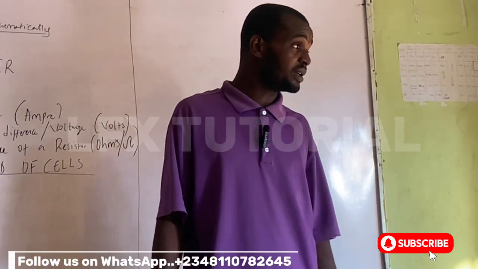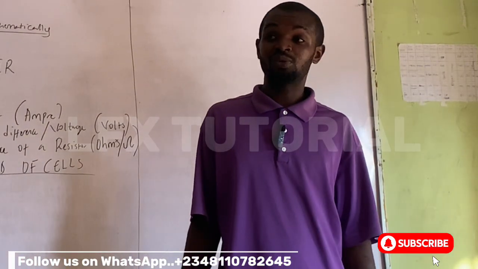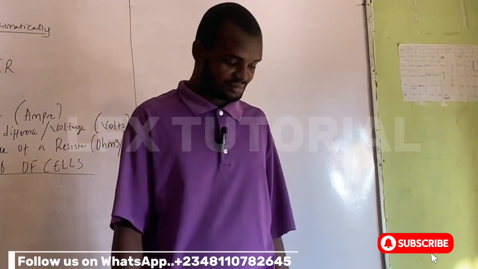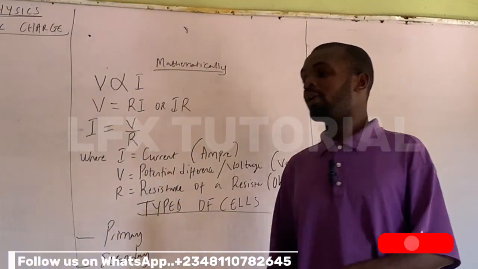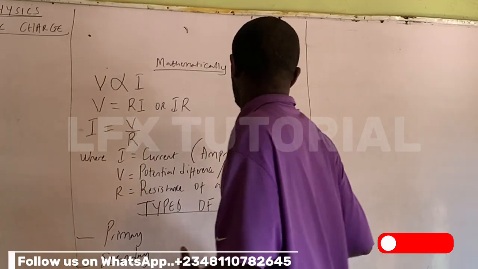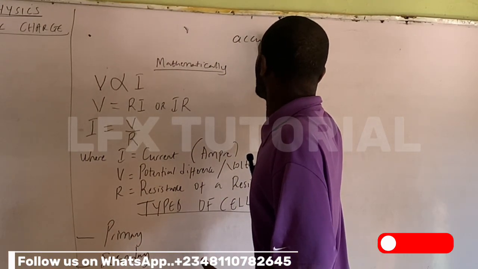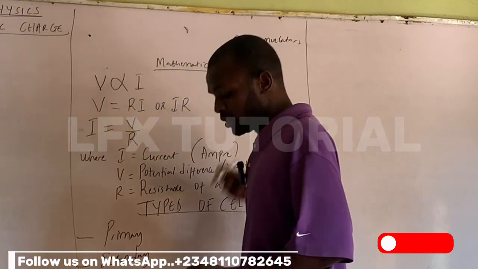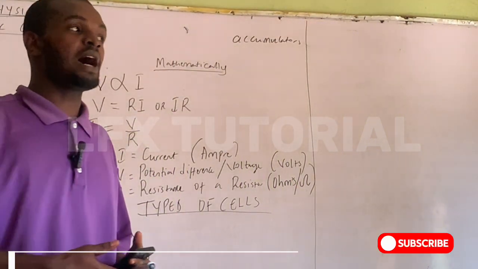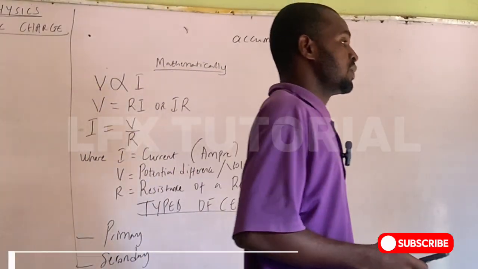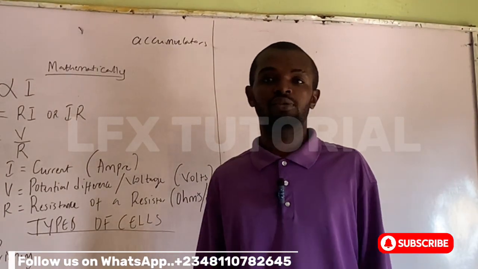Now, for secondary cells, they are also called accumulators. Secondary cells, they are also called accumulators. Full stop.